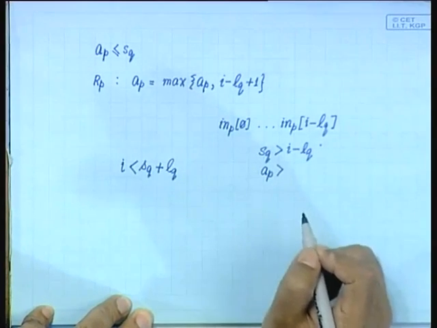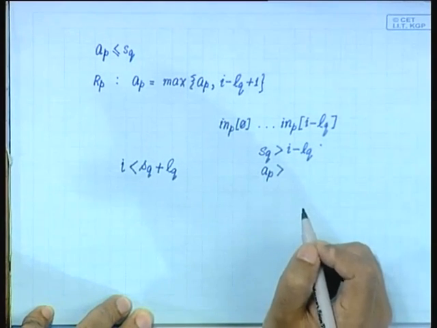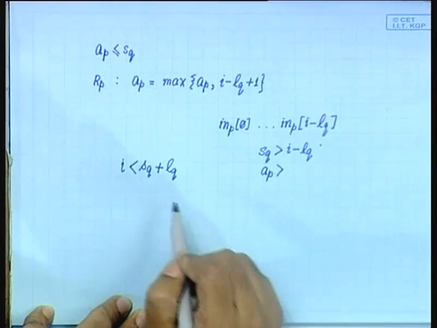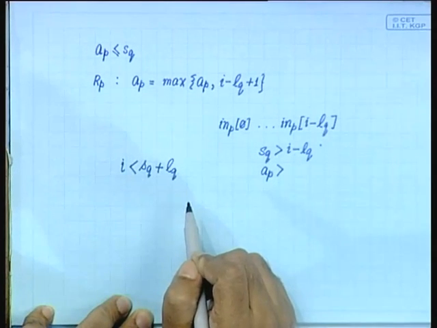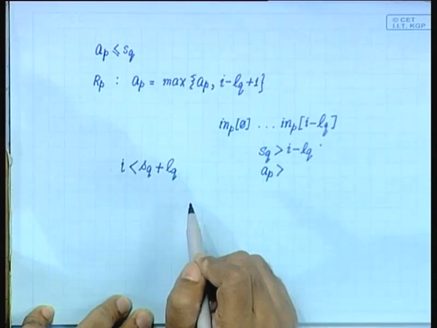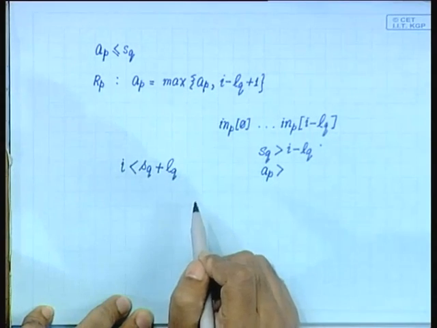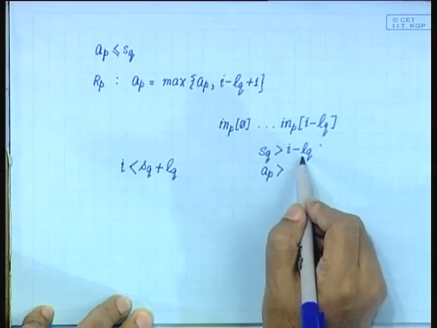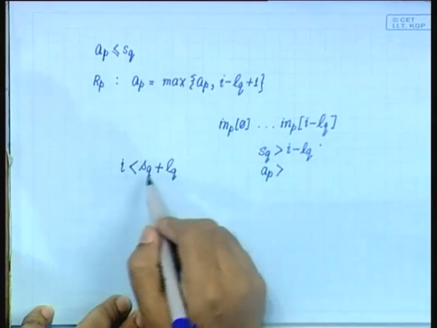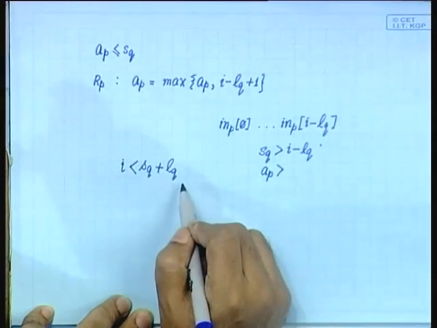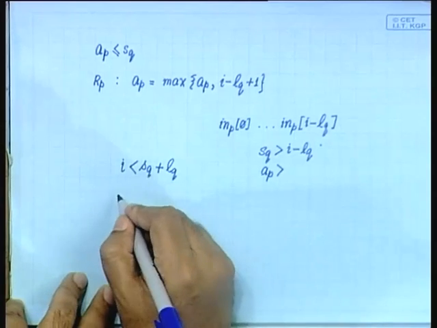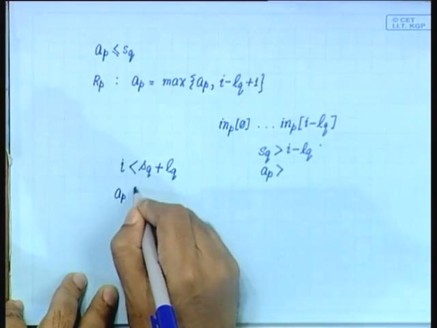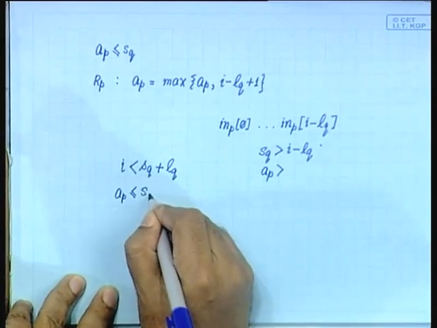Why is I less than SQ plus LQ? If we just transfer sides of this, then we get this. So therefore, we can say that AP is less than or equal to SQ.